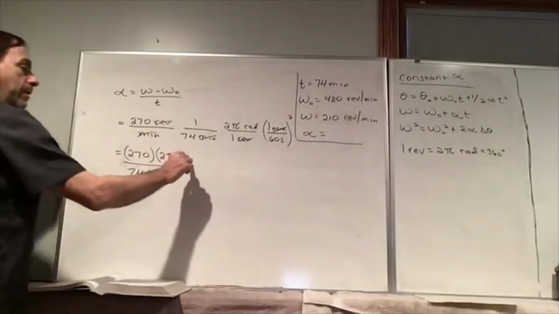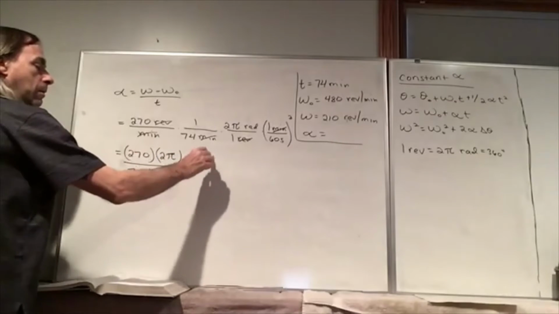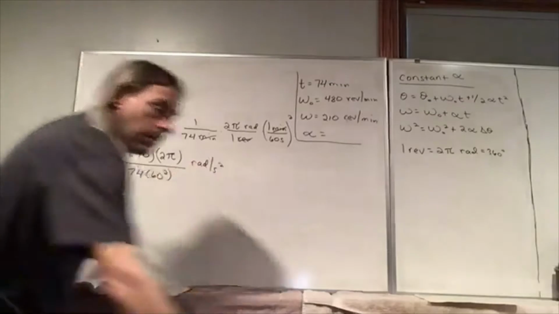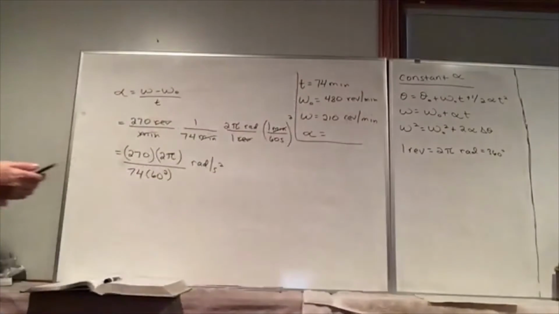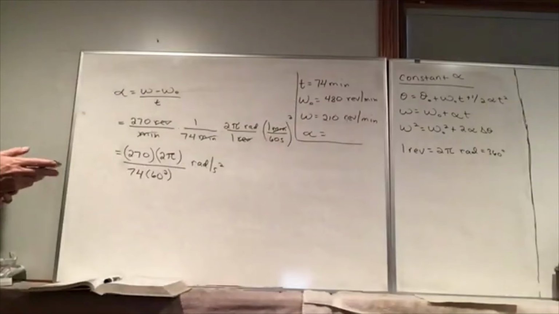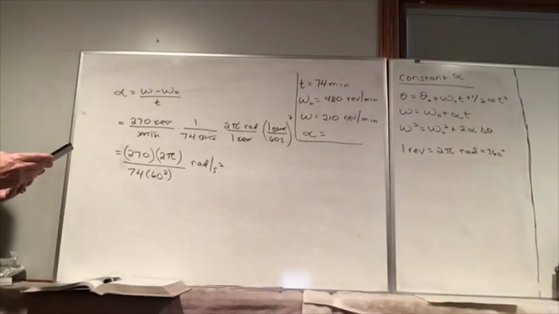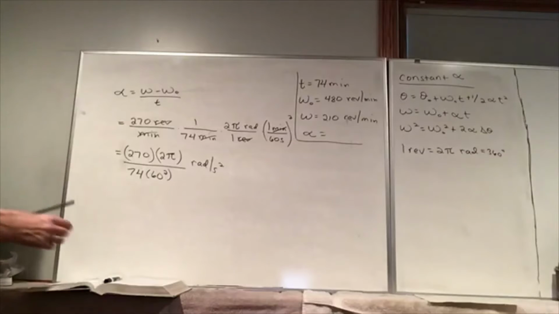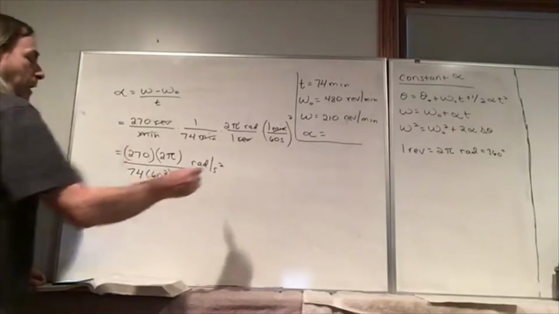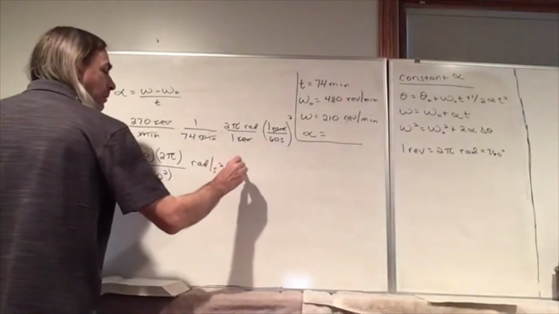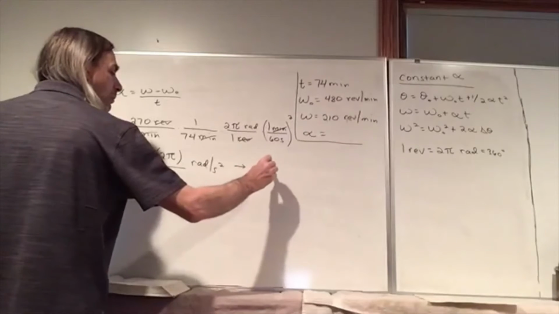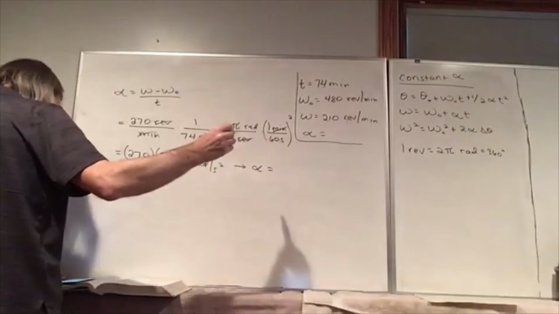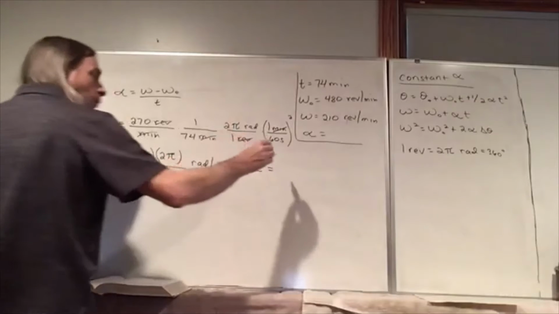That would be radians per second squared. I'll just do this real quickly. 270 times 2 pi divided by 74. Okay, so what I'm getting is 0.0064.